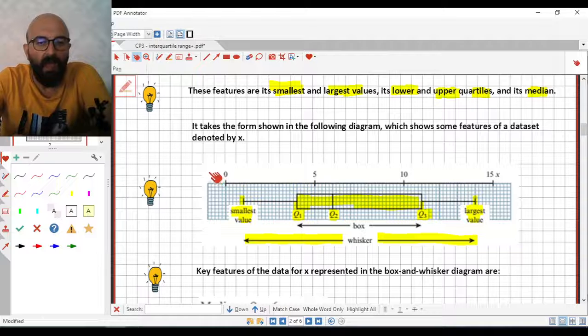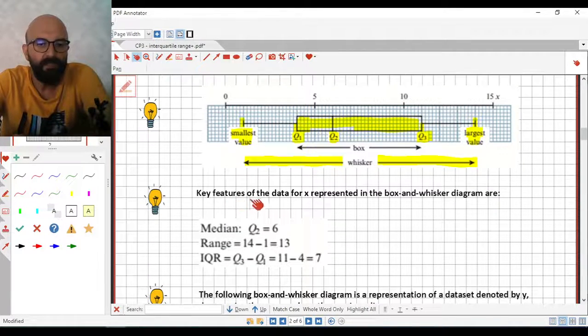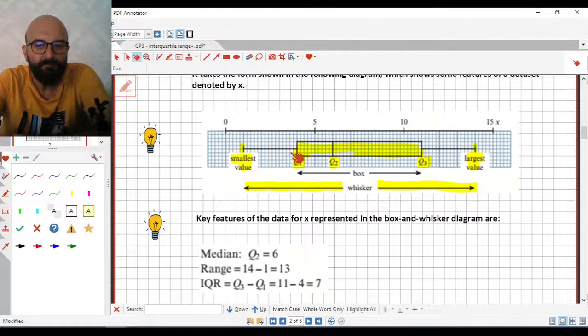Okay. And it takes the form shown in the following diagram, which shows some features of a dataset denoted by X. Key features of the data for X represented in the box and whisker diagram are, for example, these: Q1 is this point, Q2 this point, and the smallest value is this point.